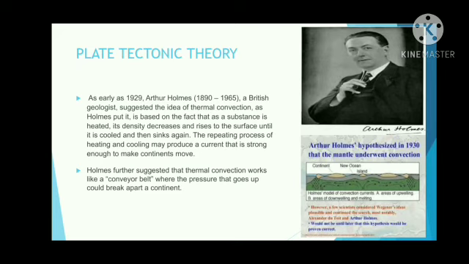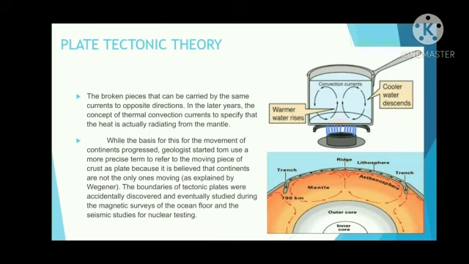The repeating process of heating and cooling may produce a current that is strong enough to make continents move. Holmes further suggested that thermal convection works like a conveyor belt, where the pressure that goes up could break apart a continent. The broken pieces can be carried by the same currents in opposite directions.